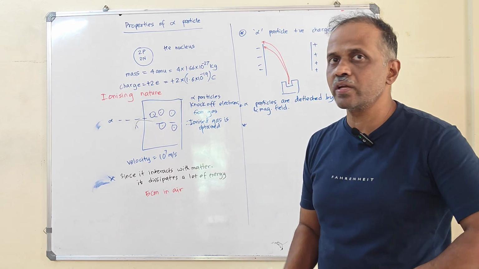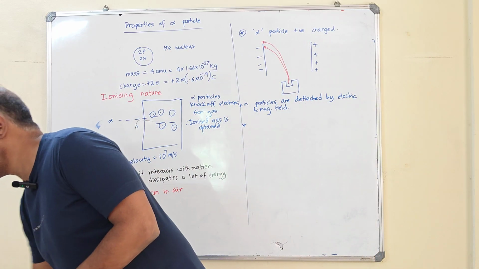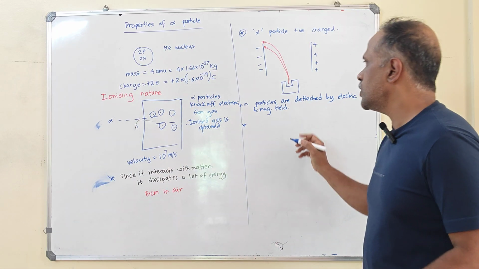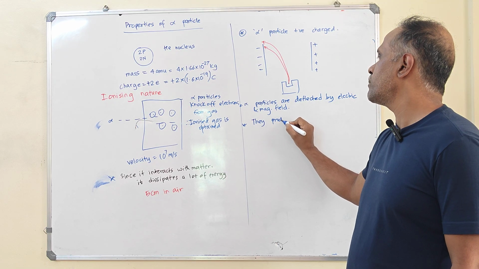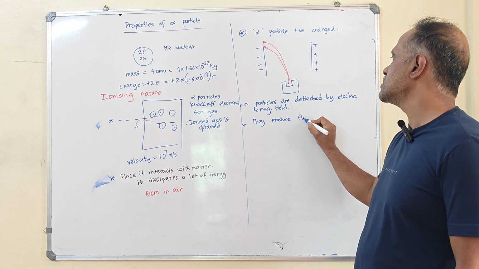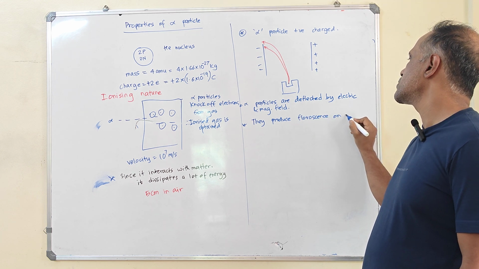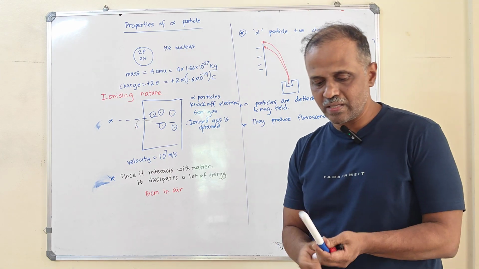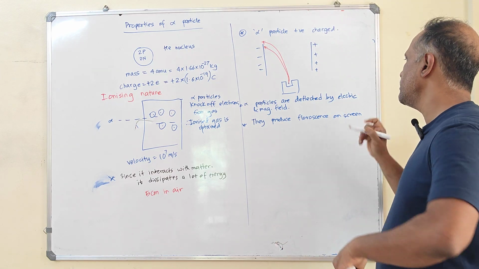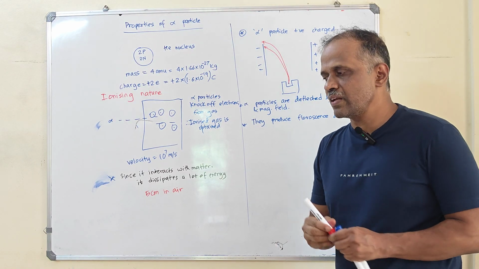Now coming on to the next point, alpha particles produce fluorescence on screen. Normally this screen is a fluorescent screen, most of the time made up of zinc sulfide, ZnS screen.